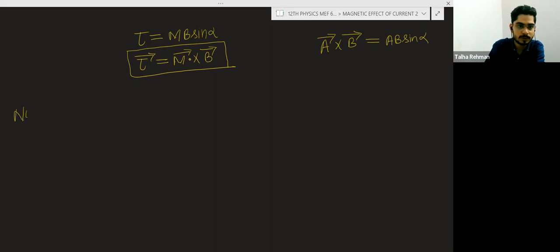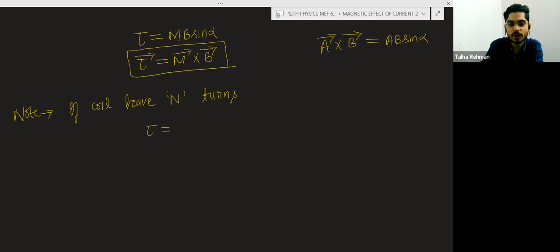So if the coil has capital N turns, then the torque will be N MB sin alpha.